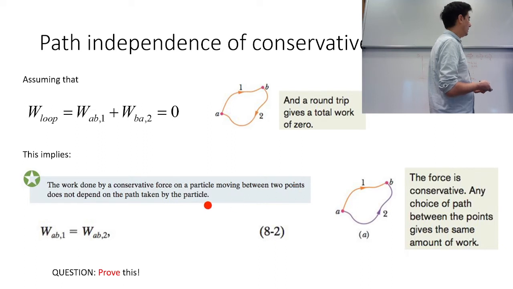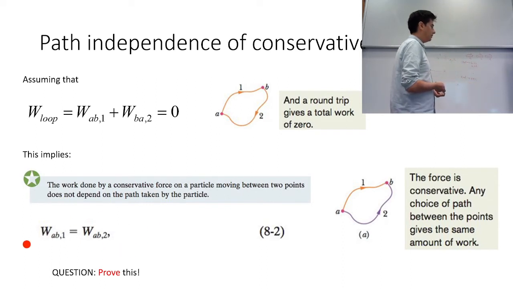So basically what that is implying is that WAB1, the work done here, is equal to WAB. Notice that this is AB, not BA, right? So you go along path 2 from A to B. And so this has to be the same.